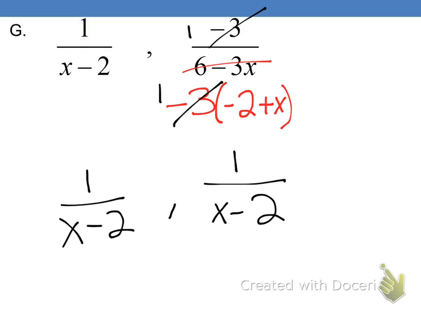Now, the other way, if you didn't recognize the -3s and how they simplified out, that would be fine. Your LCD would just be -3 times x minus 2, and you'd end up multiplying this whole thing by -3, and you'd still end up with 2 fractions that were identical. Okay? Kind of tricky.